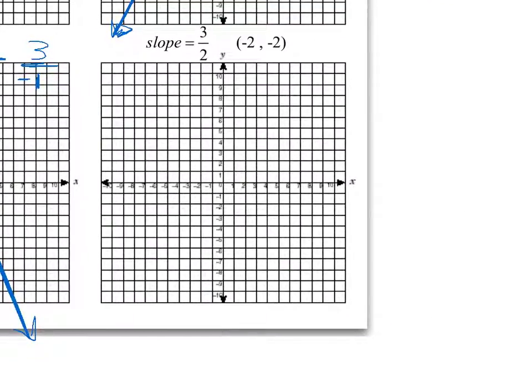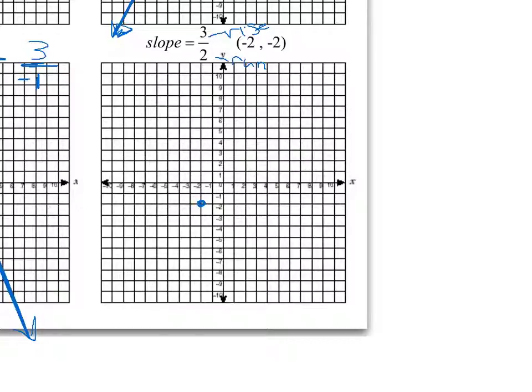All right, last one. I have the point (-2, -2). Starting point here is (-2, -2). My slope is rise of 3, run of 2. And what's the other way I can write this slope? I have a good date slope.